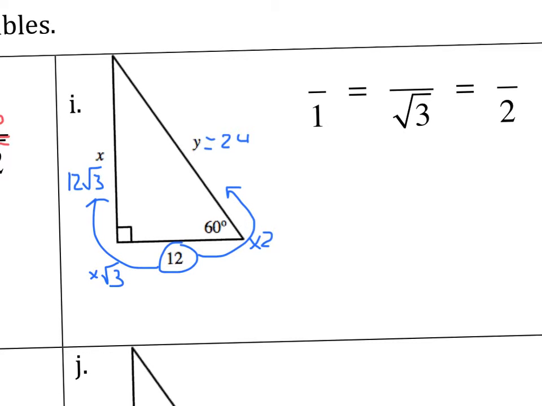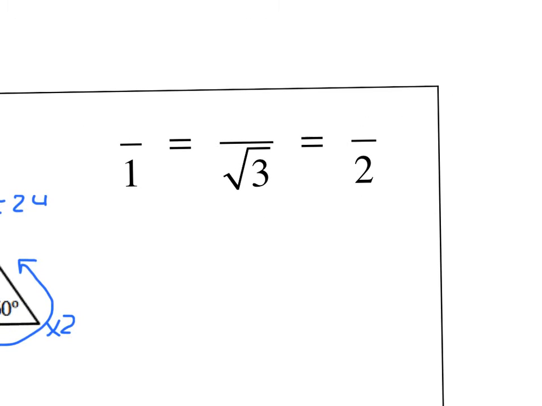Now, that might be hard to remember, or it might be hard to apply if you're given this or this and going backwards. So, if we remember this, small, medium, and large, 1, radical 3, and 2, and we put our small leg there, our medium side or our longer leg, and lastly the hypotenuse, small, medium, large there.